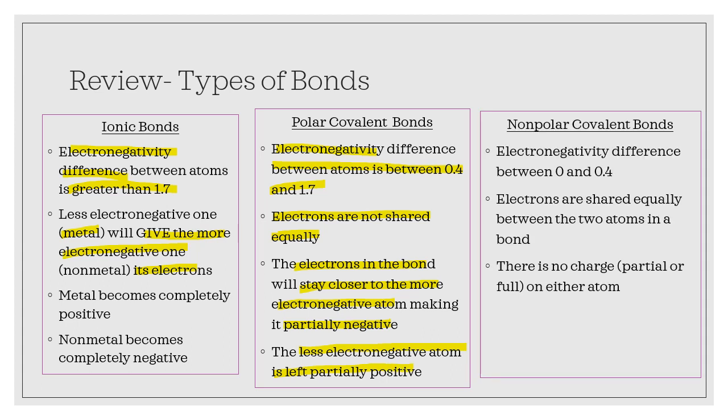And then we have nonpolar covalent bonds, where the electronegativity difference is between 0 and 0.4, which means electrons are being shared equally between the two atoms, and there is no charge, partial or full, on either atom in a nonpolar covalent bond. So 3 types of bonds, and it really comes down to the electronegativity difference.